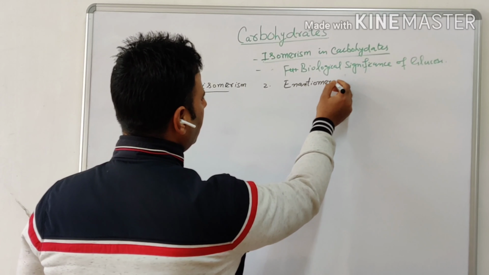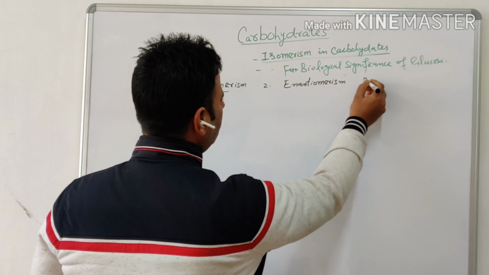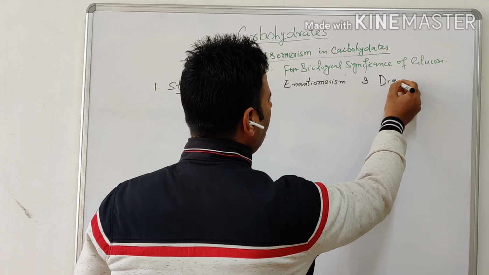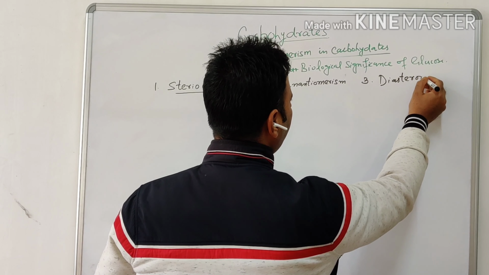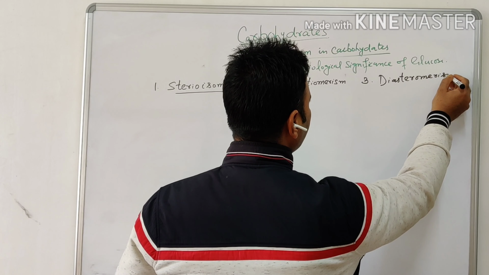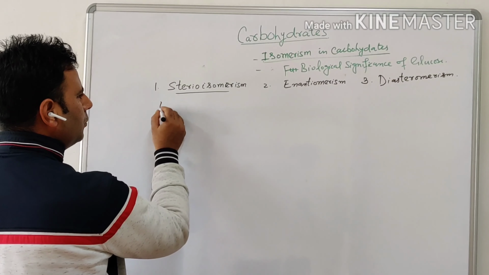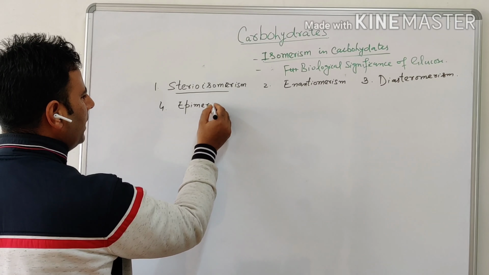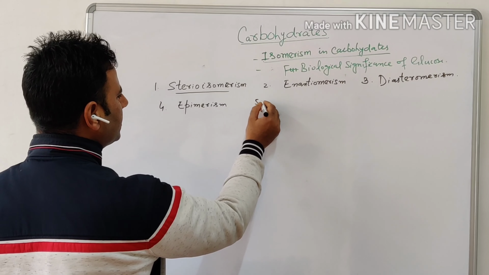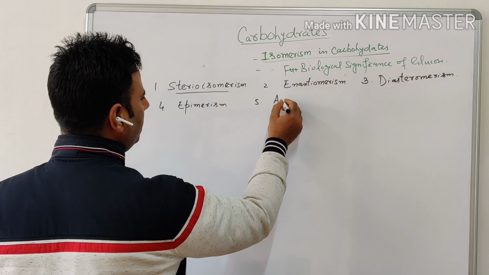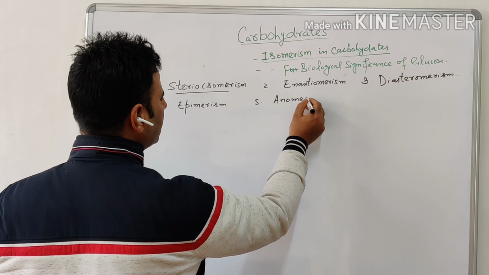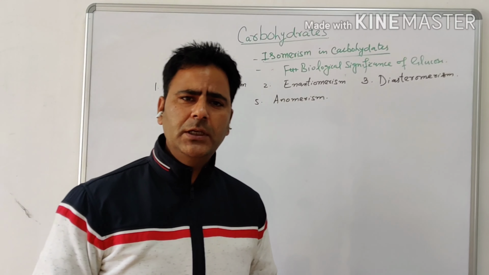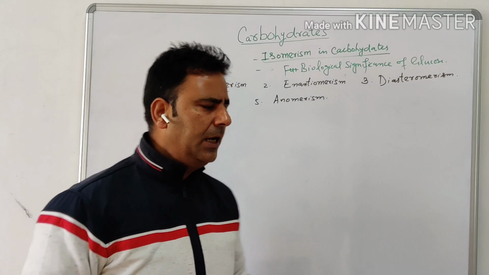Third, they also may show diastereomerism, and they may also show epimerism, and the last is they may show anomerism. These are the various isomerisms which are possible in carbohydrates, and we'll take them one by one.